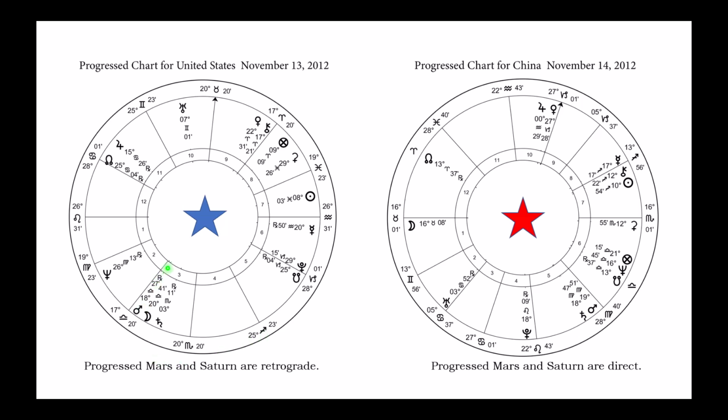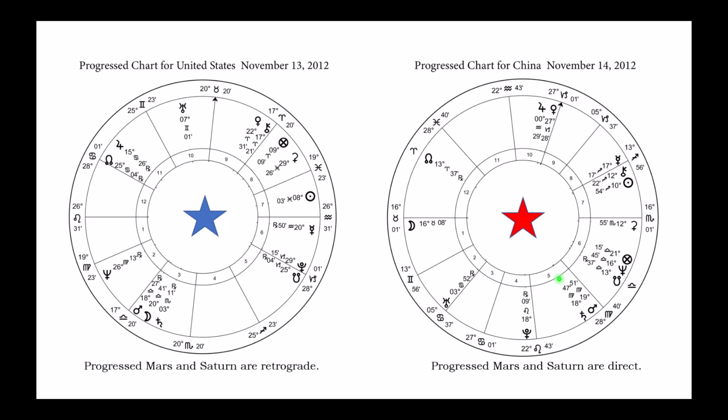That is because Mars and Saturn in the U.S. progressed chart are retrograde, but Mars and Saturn in China's progressed chart are in direct motion. As progressed Mars is moving retrograde faster than progressed Saturn is moving retrograde for the U.S. chart, the midpoints they form with China's progressed Mars and Saturn are moving farther apart.